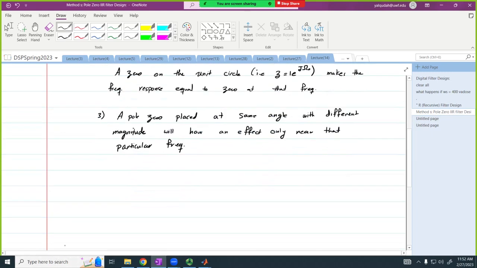Okay. So what are the design steps for designing a filter using the pole zero placement method? First step, we're going to determine the continuous frequency of interest, the desired continuous time frequency.